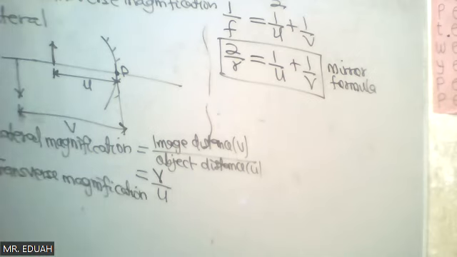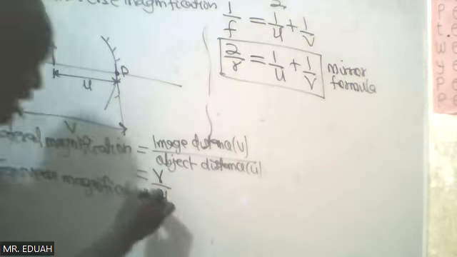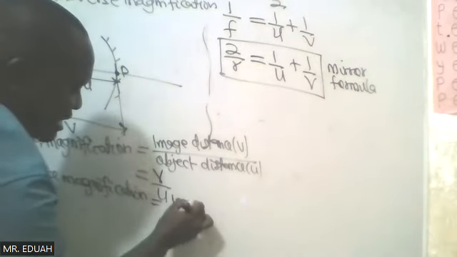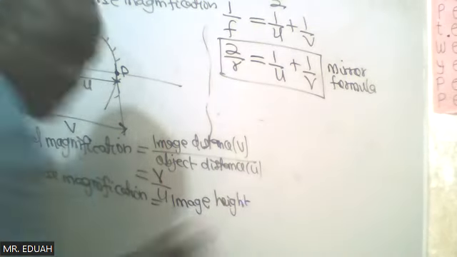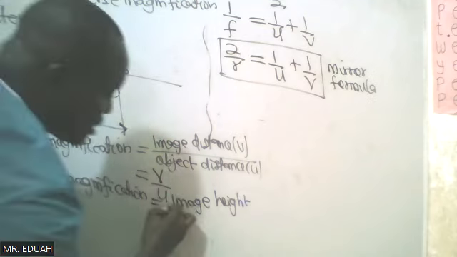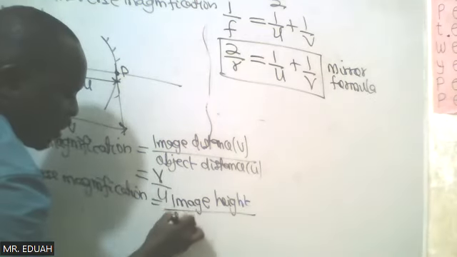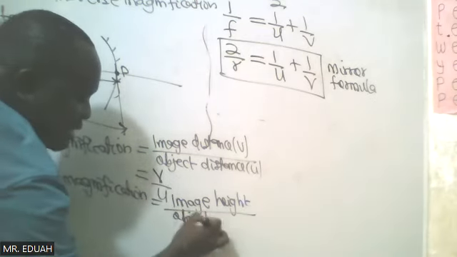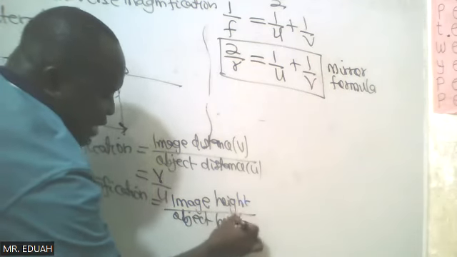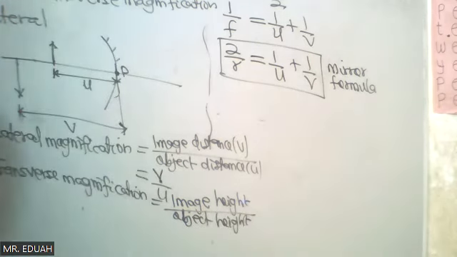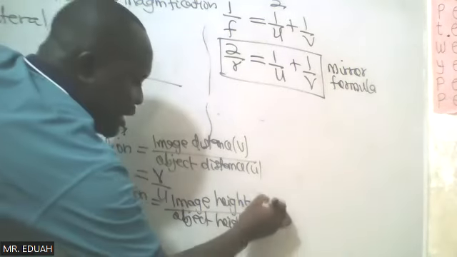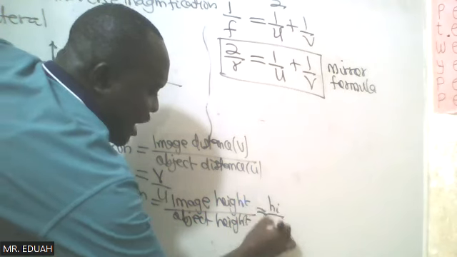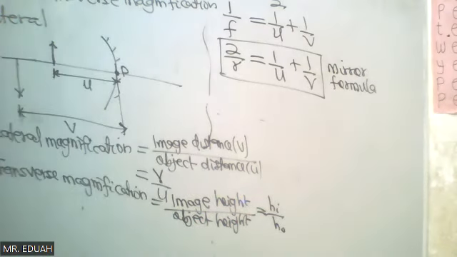Transverse magnification is about the longitudinal end, where we are looking at the ratio of the image height to the object height. So this ratio is equal to HI over HO.